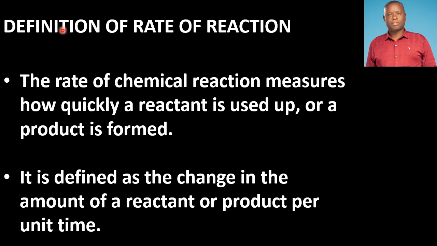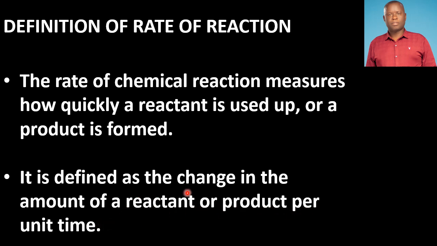So the rate of a chemical reaction, therefore, is the change in the amount of a reactant or product per unit time. So what is rate? Rate is the change in the amount of reactant or product per unit time.